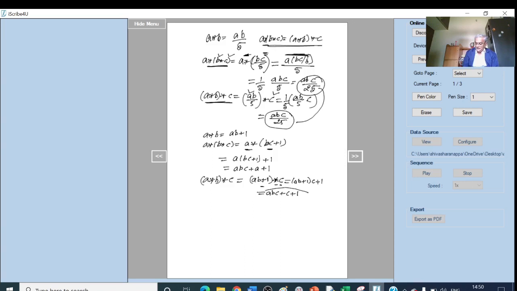See, here I am getting ABC plus C plus 1 and there I am getting ABC plus A plus 1. These two are not equal. Therefore, A star of B star C is not equal to A star B star C. So associative law is not satisfied here.